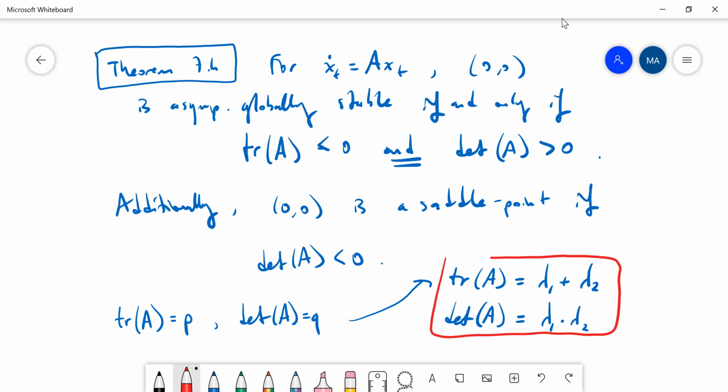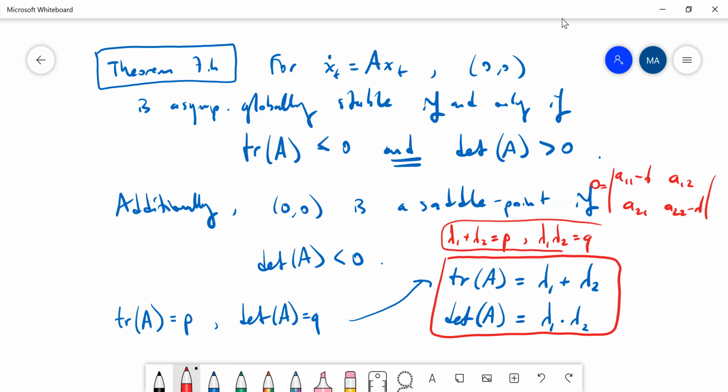Because you can now easily write the characteristic equation. You don't have to do A11 minus lambda, A12, A21, A22 minus lambda equals 0. Instead of this, you're just gonna write lambda 1 plus lambda 2 equals P, lambda 1 lambda 2 equals Q, and then you have two equations and two unknowns. Okay? So at the end, of course, you're gonna find the same eigenvalues, whichever method you are using. All right?